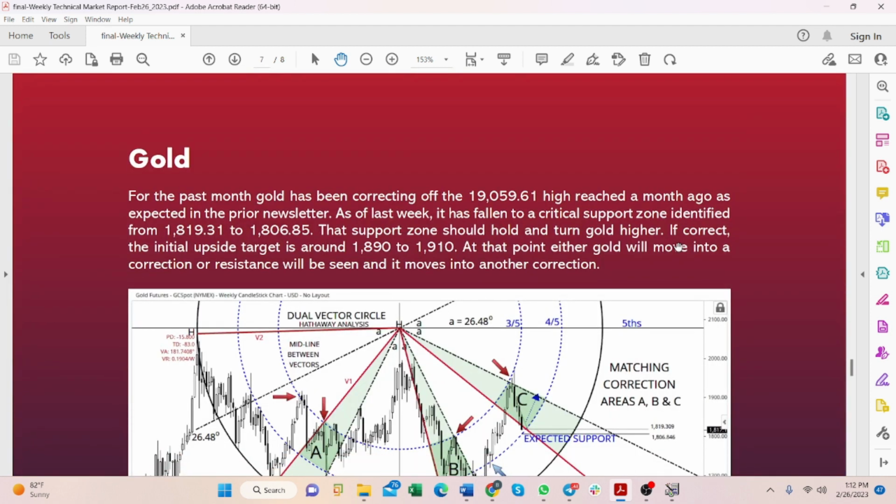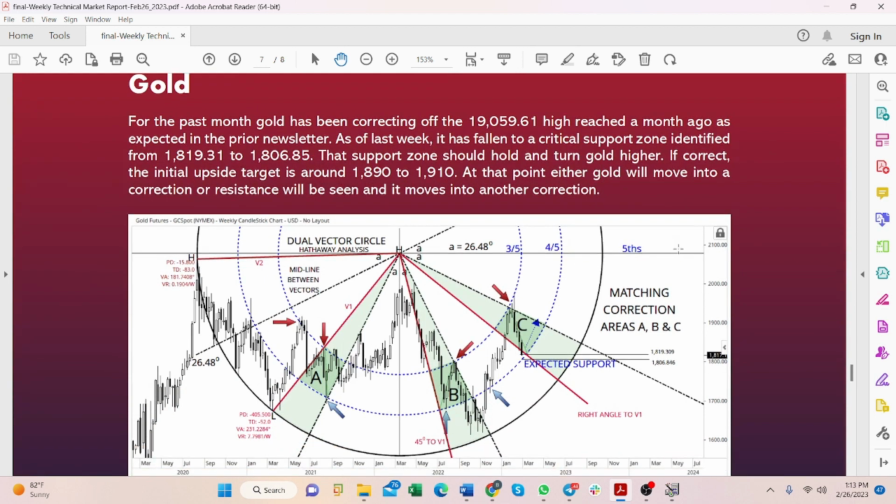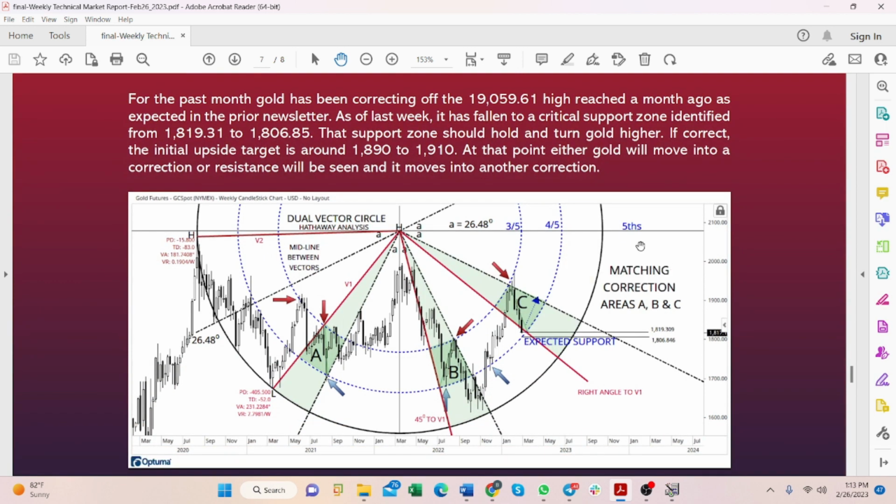And then finally, we have gold. I'll let you read the discussion on the analysis. It's a little tricky, but essentially we're doing something similar, and analyzing, or Scott is, I should say, is analyzing the earlier part of the downtrend, and then finding those mathematical relationships and bringing them forward.